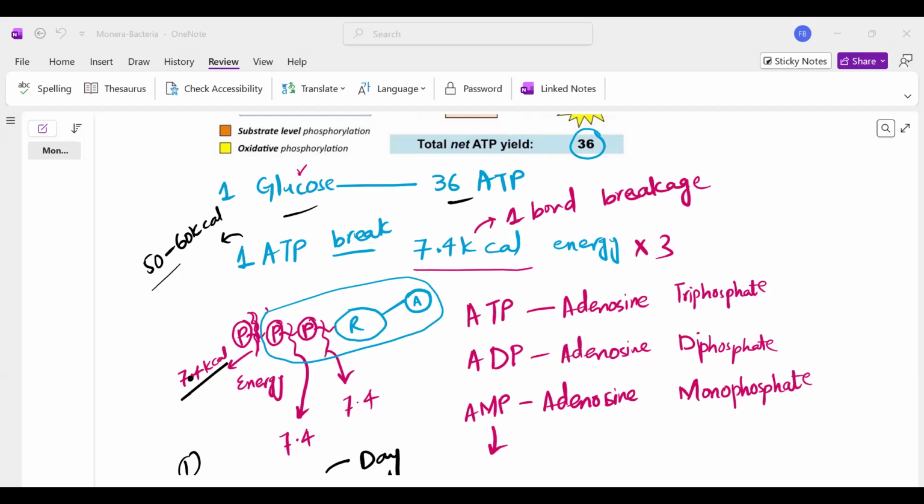You will study this in a later chapter, that whenever there is a cold condition, there is vasoconstriction in our body. Our muscles contract so that no heat can escape from the body. In winters, we tend to retain maximum heat in our body. So this is how our body responds.